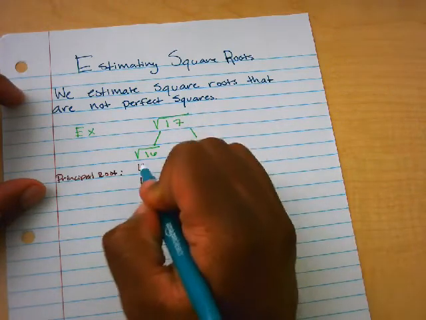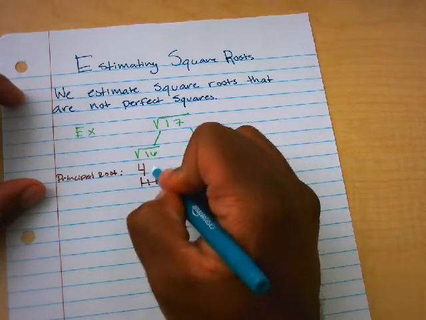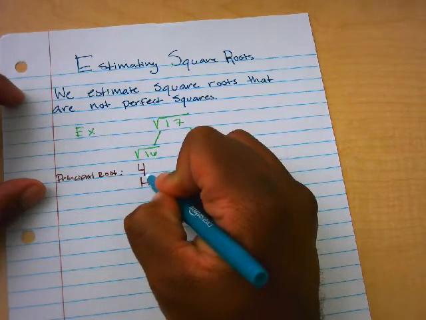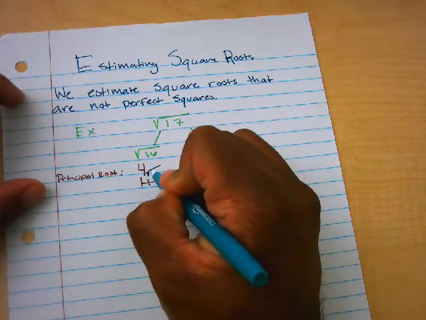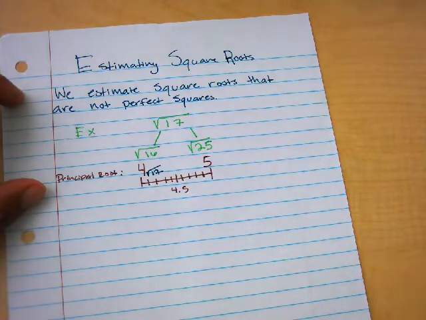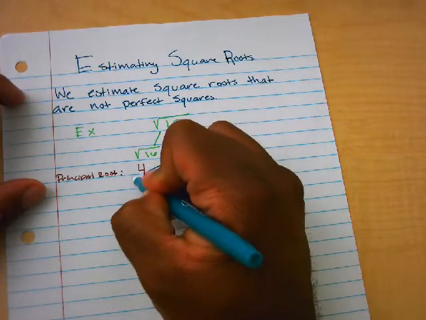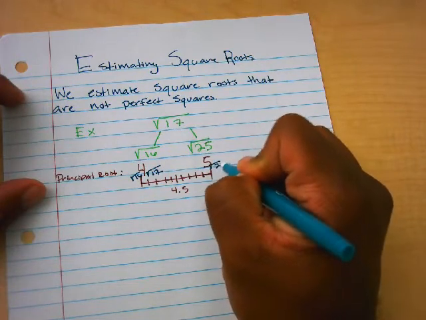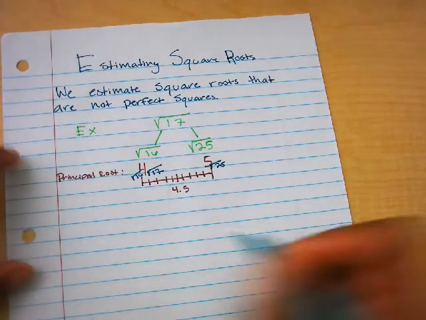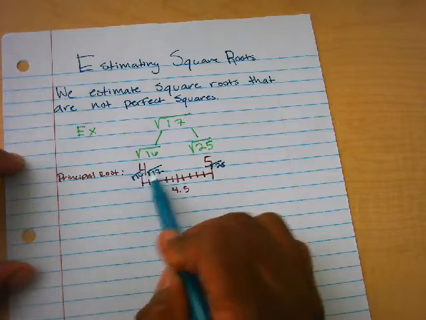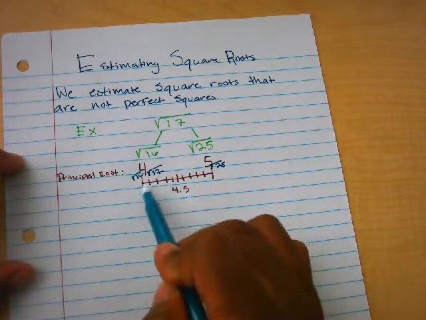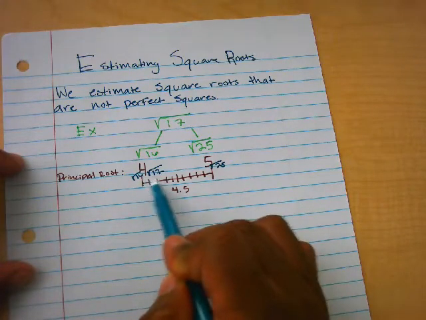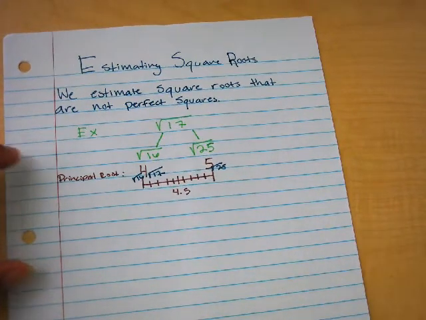But since it's closer to the 4, I'm going to say that the square root of 17 is around 4.1, because this over here is the square root of 16, and this over here is the square root of 25. So I'd say that the square root of 17 is around 4.1 or 4.2, because it's so close to the 16.